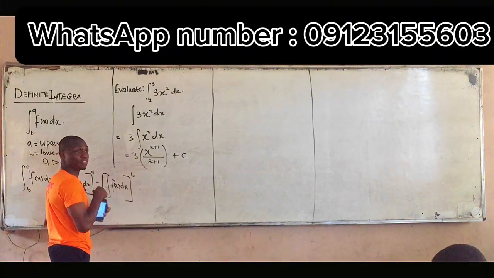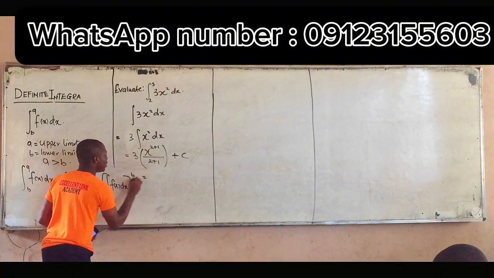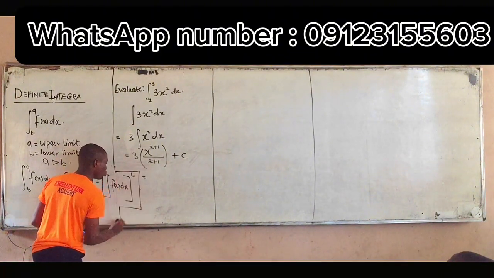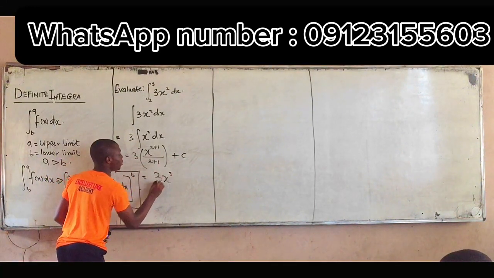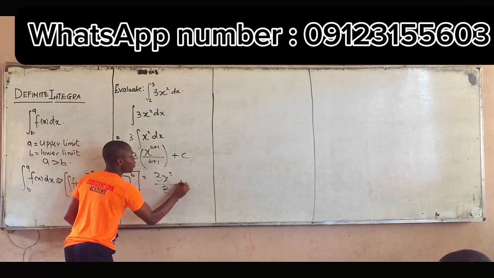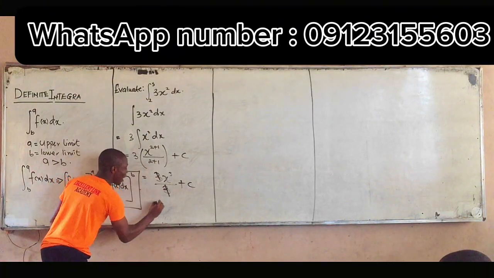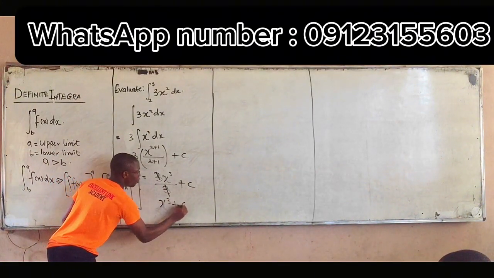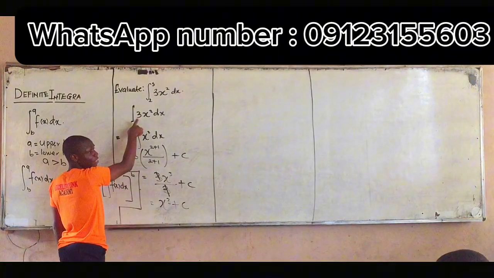If you're familiar with the general method of integration, you should know this. From here, the answer becomes 3x to the power 3 over 3 plus c. True or false? Of course, 3 cancels 3 here. I have x to the power 3 plus c as my answer after solving this.